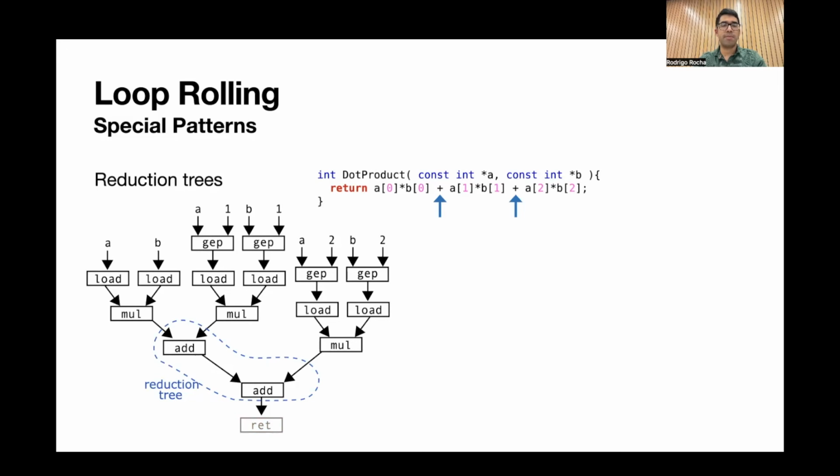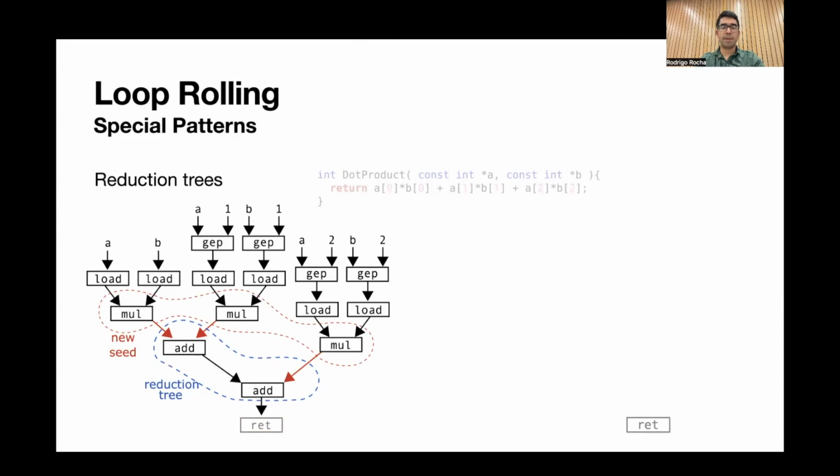In this case, we have these two addition operations being performed. And if we look at the frontier of this reduction tree, we'll have the new seed instructions that we'll consider for the construction of the alignment graph.